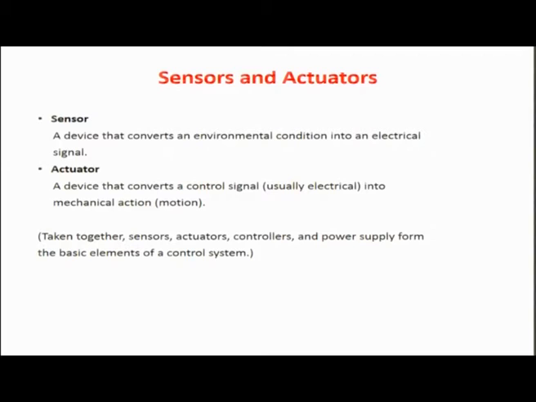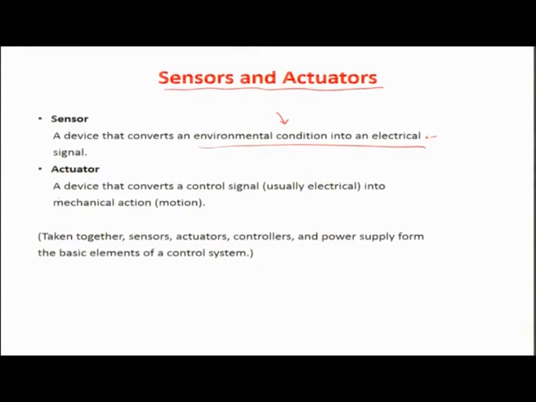And let's look at sensors and actuators. I think I have described this vastly in the MEMS area earlier, but a sensor is a device that converts an environmental condition into an electrical signal. The condition could be related to motion, or to the surrounding atmosphere with a certain dangerous gas, something which creates a change, and we transduce that into a signal which is more machine readable.